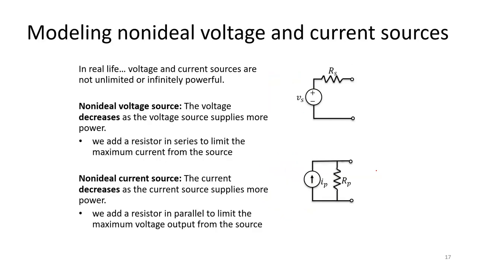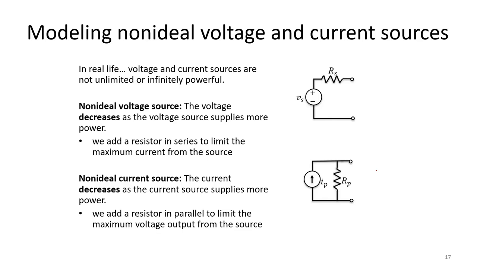But as we mentioned, in real life, voltage and current sources cannot have truly ideal behavior. We can have close to ideal behavior, but eventually we're going to max out or saturate, and we will see that we cannot have infinite energy and infinitely powerful sources.